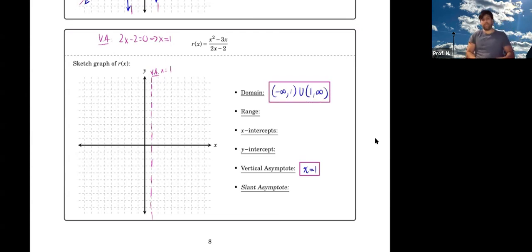We know that's true. The x-intercept is when the y value is 0, the y value is 0 when the numerator is 0. So the x-intercepts occur when the numerator is 0. If we look at the numerator, it's x squared minus 3x equals 0, which means that x times x minus 3 equals 0, which means that either x equals 0 or x equals 3.